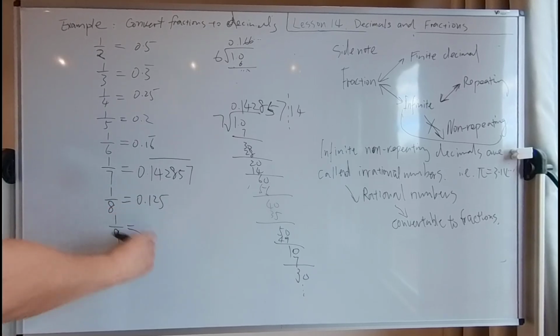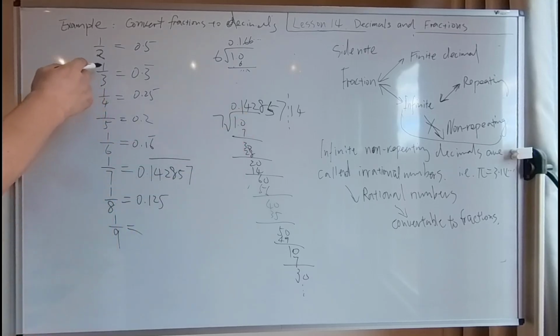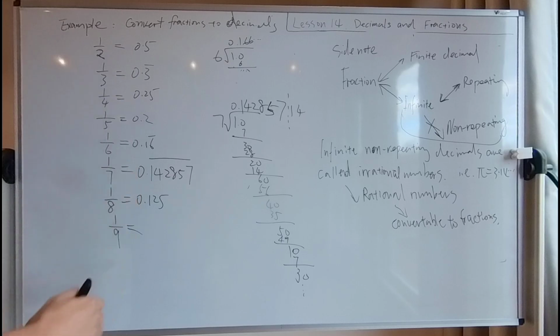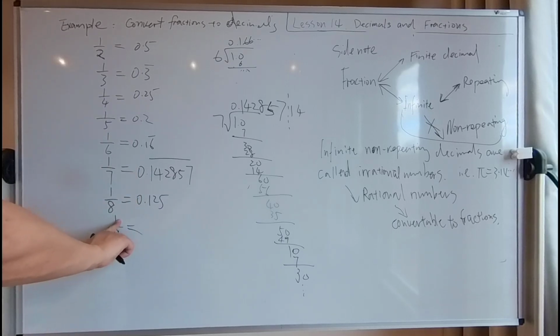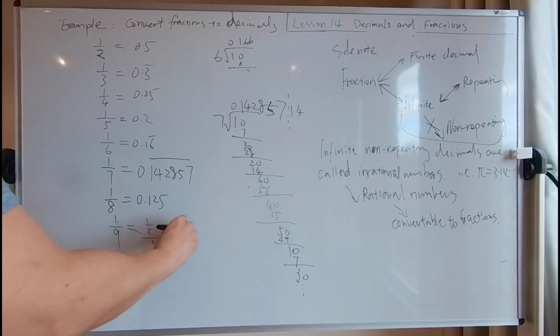1/9. You can use the same way, or if we know 1/3 is 0.3 with the 3 repeating, 1/9 is actually 1/3 divided by 3. So it's 0.33 repeating divided by 3.